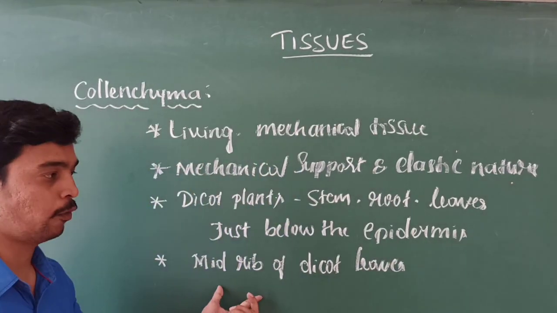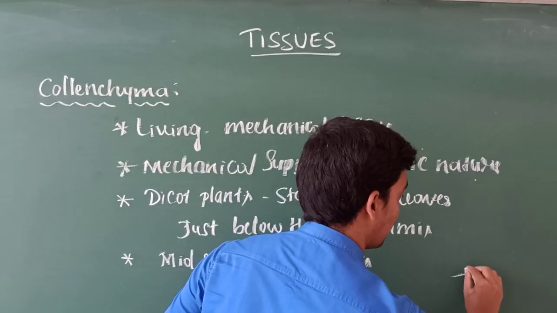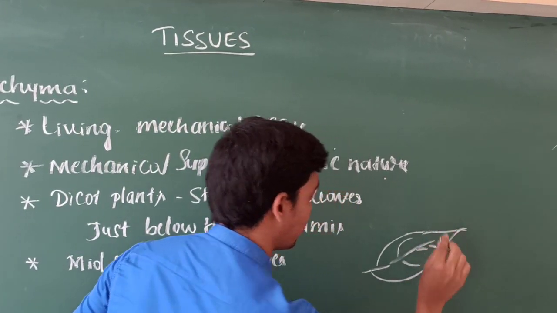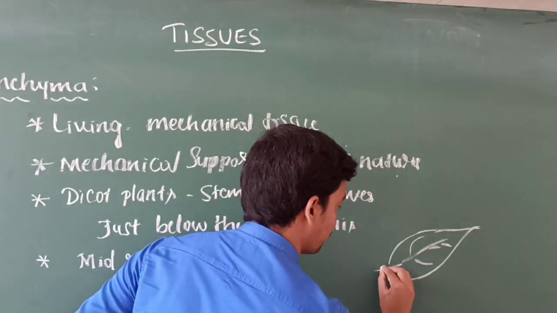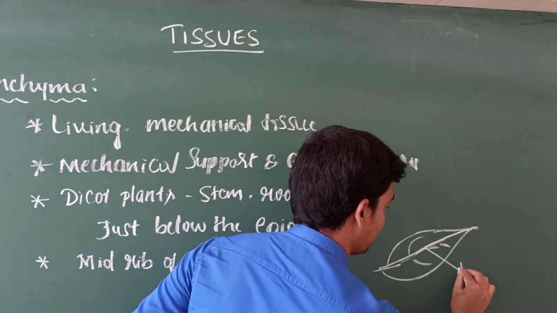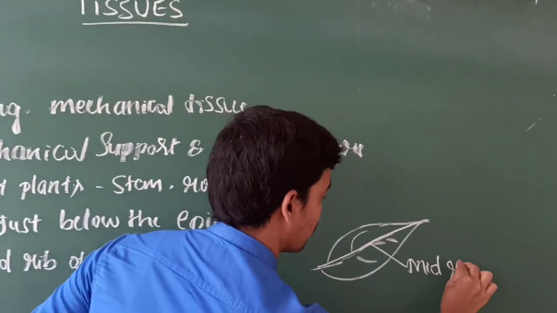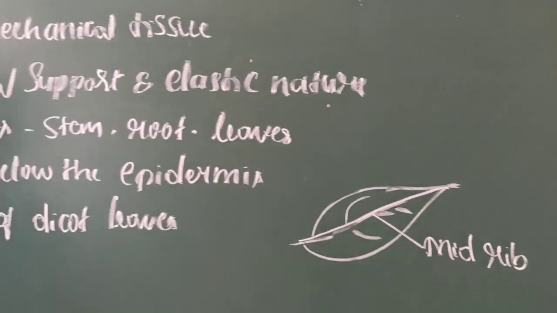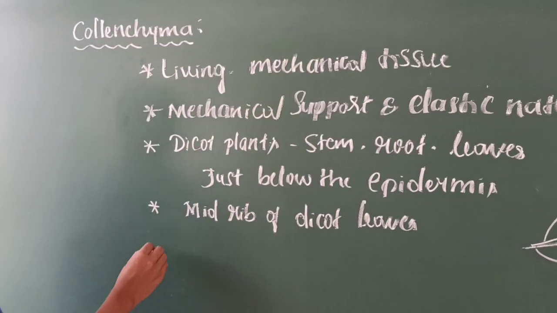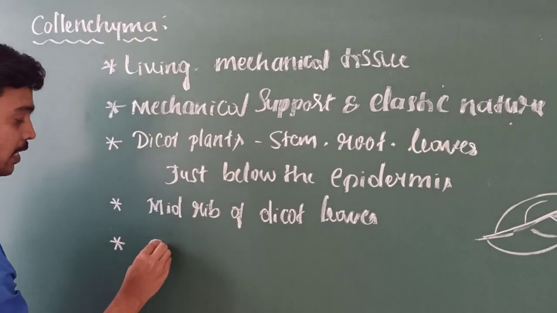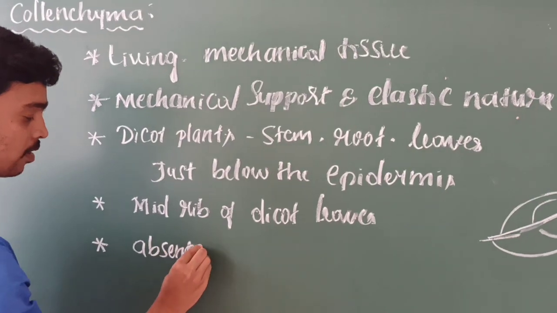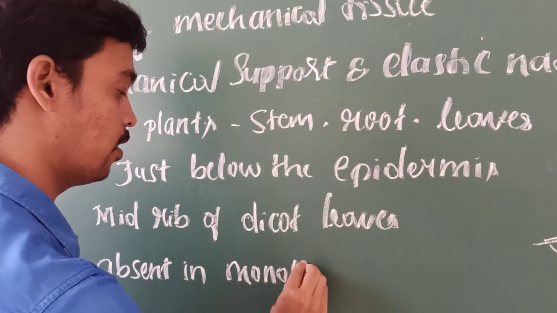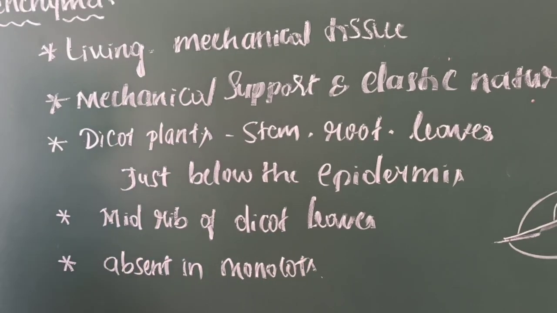What is this midrib? Where is it present? Consider a leaf. It's a dicot leaf. This one is the midrib. In this midrib, collenchyma tissue is present, and this collenchyma tissue is absent in monocot plants.